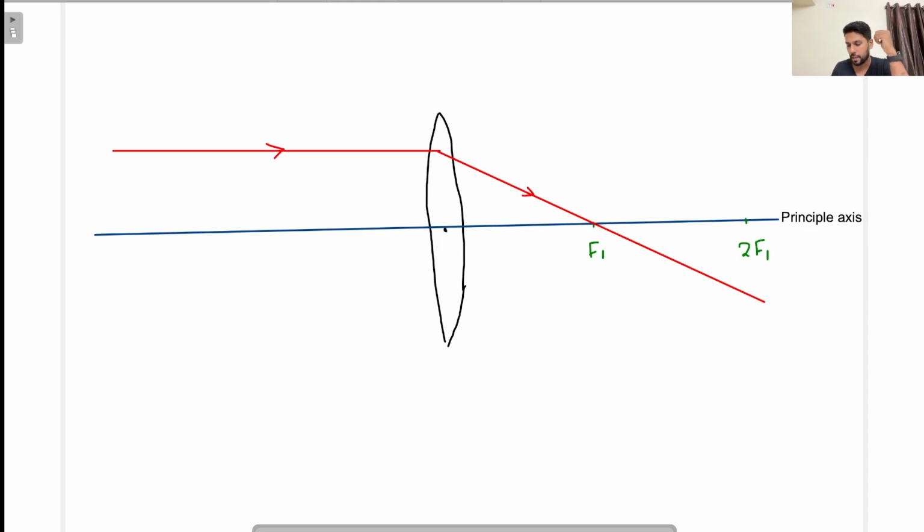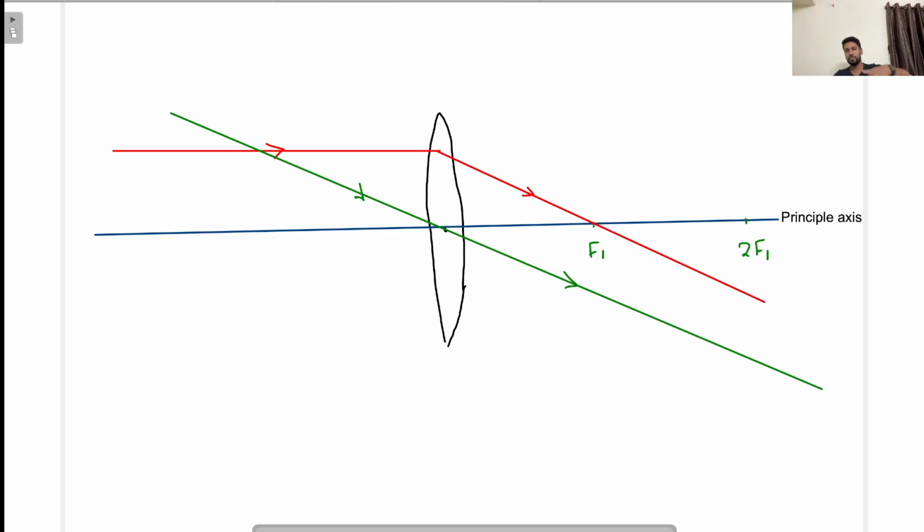Understood? Second rule, rule number 2, is that if the light is going through the optic center, it does not get deviated, rather it passes straight and goes. It says that light does not get deviated if it is going through the optic center. And you should remember, principal axis is also a type of ray.